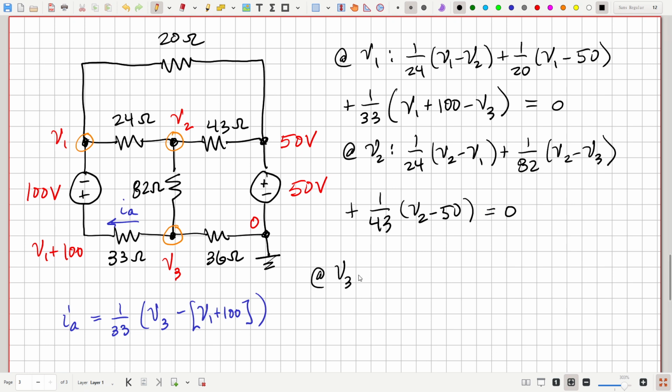And then at node 3, here, we have three currents. Let's write those out. Through the 36 ohm, we have V3 minus 0 over 36. Through the 82 ohm resistor, V3 minus V2 over 82.